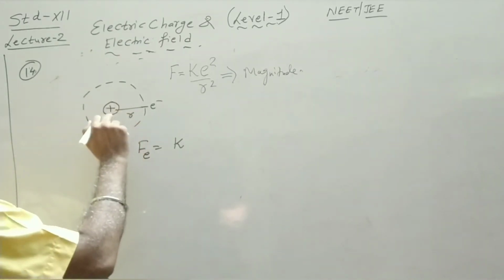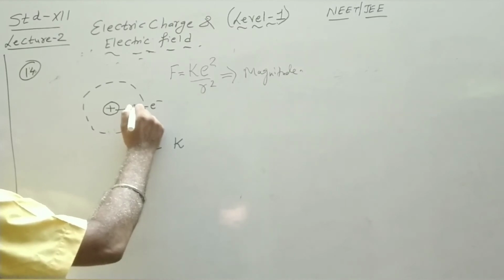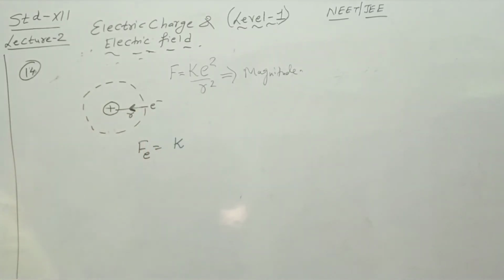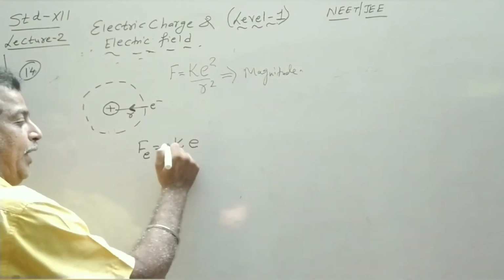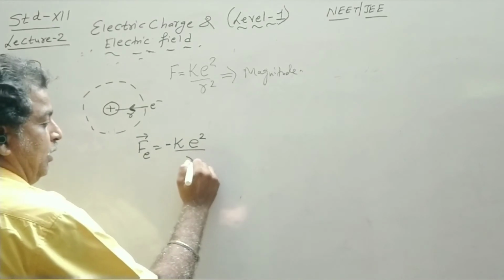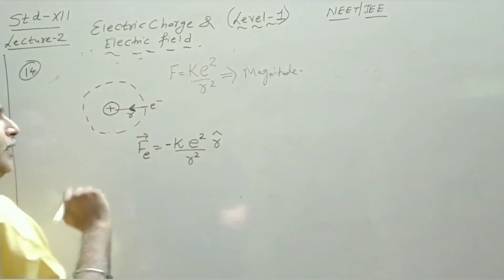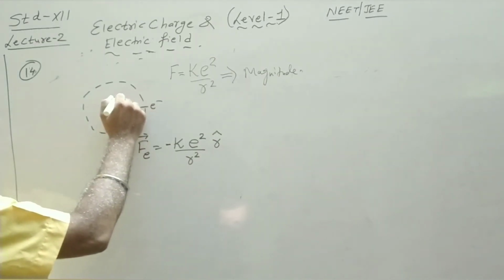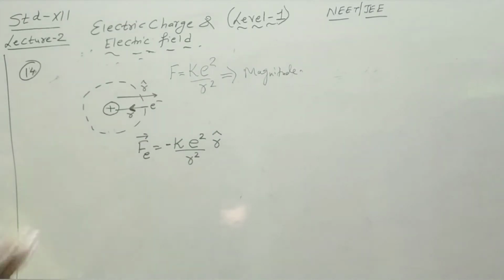Then it is clear one is positive, one is negative. So the force will be towards the center, towards the nucleus, that is the Coulombian force, an attractive force. So e for proton, then e for electron, and we put a minus sign, you have to consider the direction, divided by the magnitude r square, and then the vector form r cap, where r cap is from center to the electron, or it is outward.